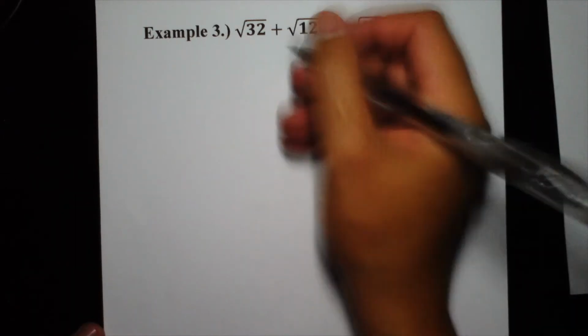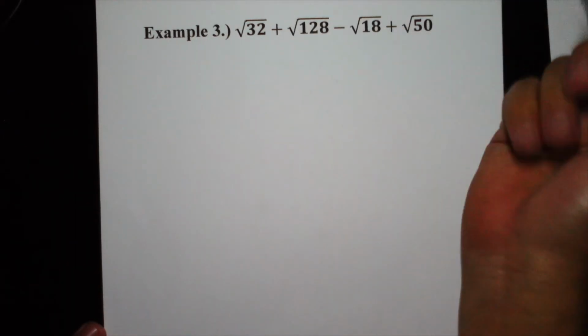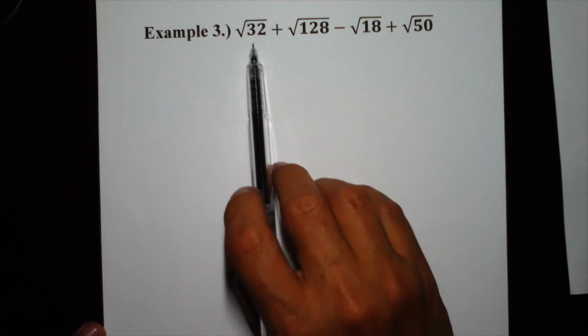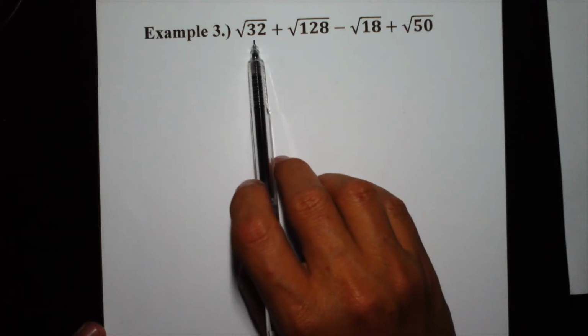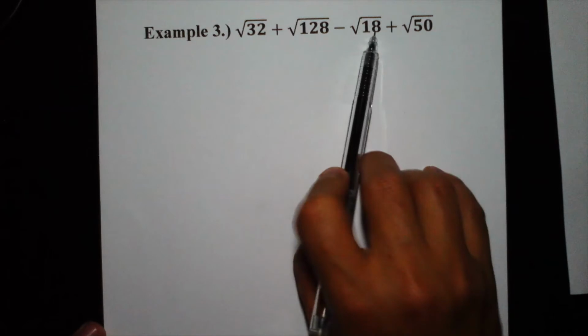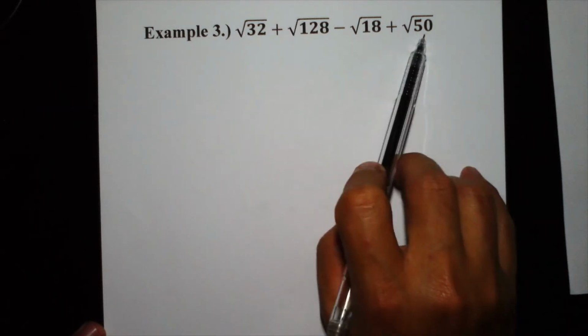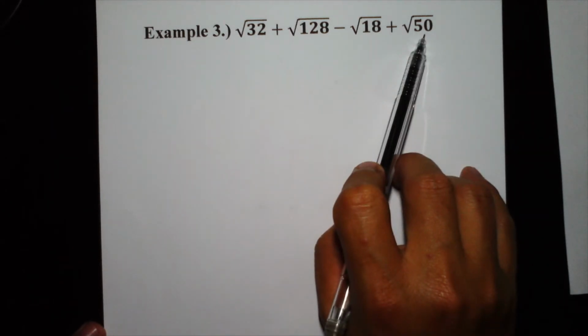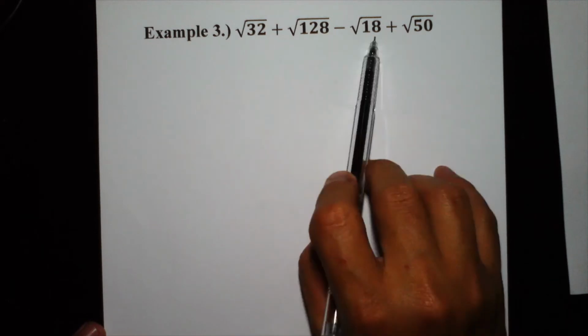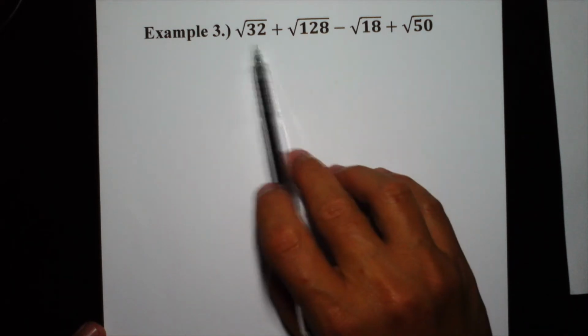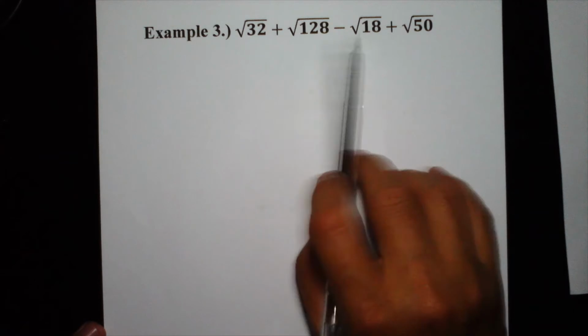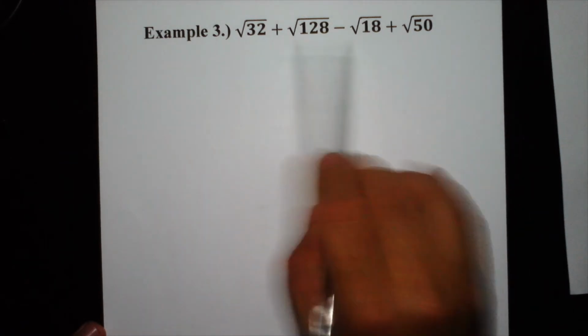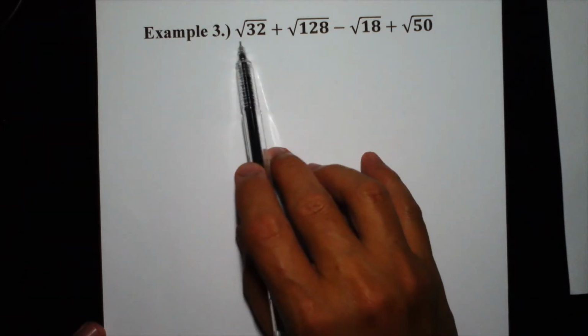Let's have example number 3. As you can see, the radical terms do not have a similar radicand. So therefore, in order to add and subtract radicals, they should have the same order and the same radicand. They are the same order because they have a square root.